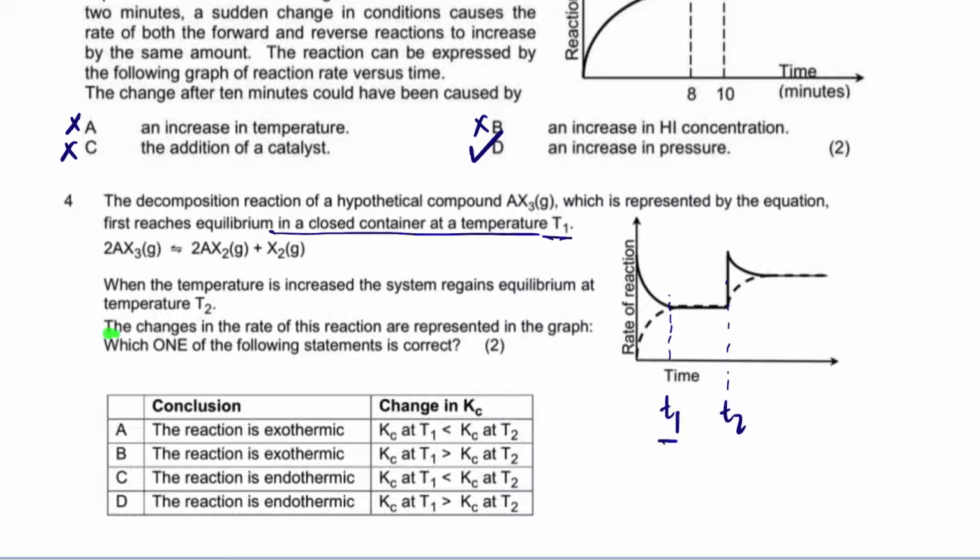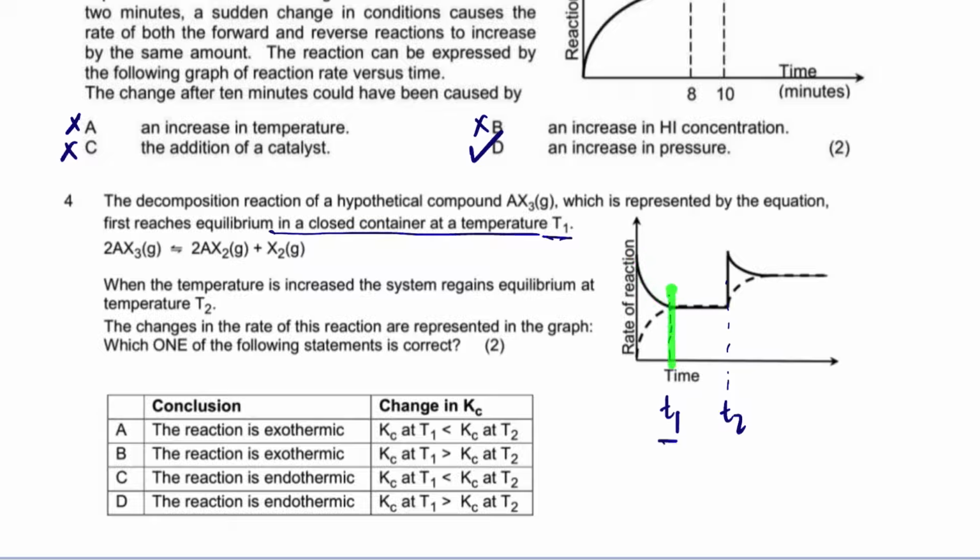Now it says the changes of the rate of these reactions are represented in the graph. Which one of the following statements is correct, guys? Very important here. The broken line represents the reverse, and the solid line represents the forward.